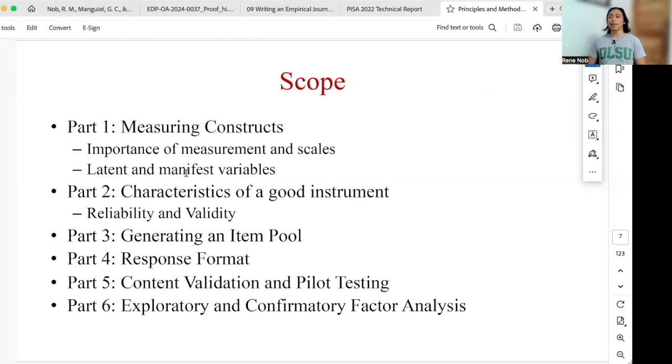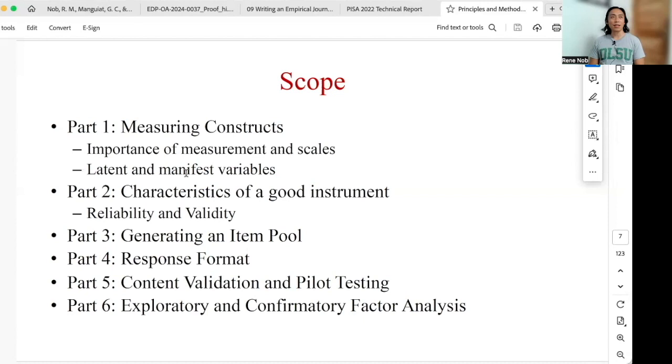So as I've said, the scope is quite broad, so I've decided to make this a 6-part lecture series. For today, we will be discussing part 1, which is measuring constructs. We will talk about the importance of measurement in scales, and we'll talk briefly about latent and manifest variables. Part 2 is characteristics of a good scale or a good instrument, so we will talk about reliability and validity.